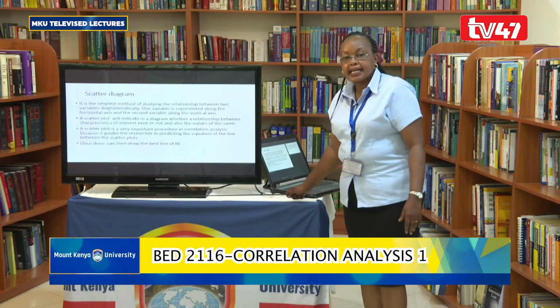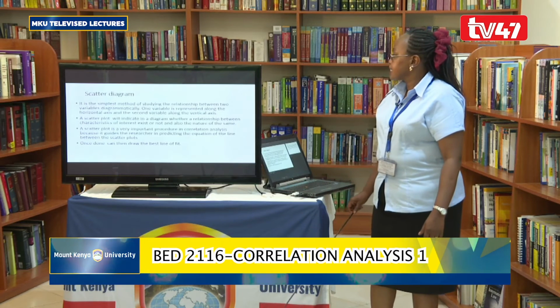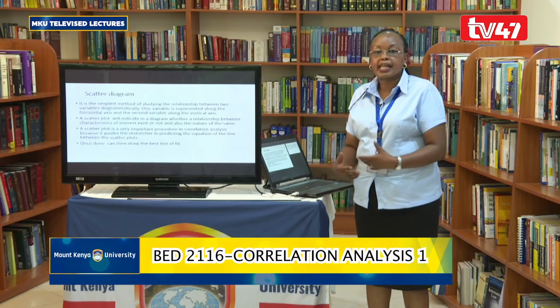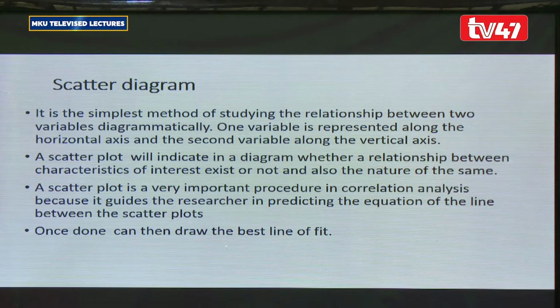Now, the scatter diagram is the simplest method of helping you to know whether a relationship exists or not. We usually present that information in form of a diagram. And looking at the diagram, class, you'll be able to know whether or not there is a relationship. I'll show you how.